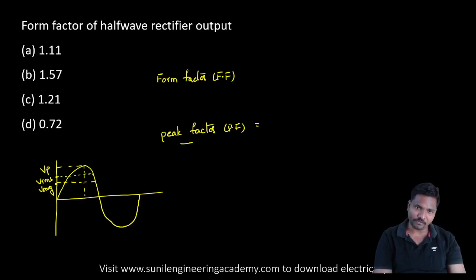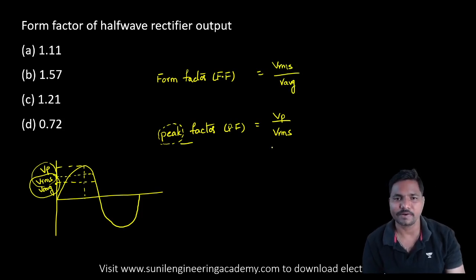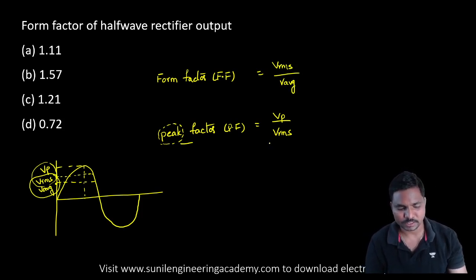Peak factor, as the name itself says, is associated with the peak value, that is VP by VRMS. In the same way, form factor is VRMS by V average. So you can simply remember like that.